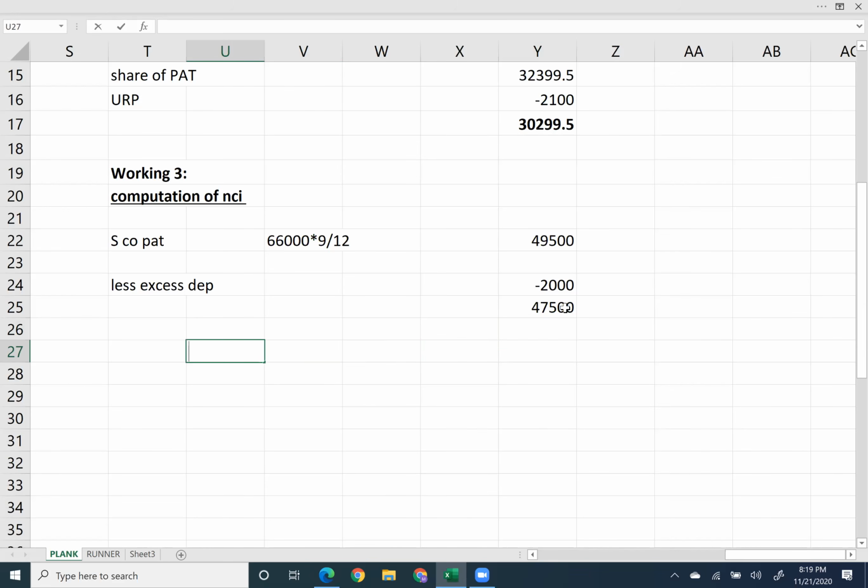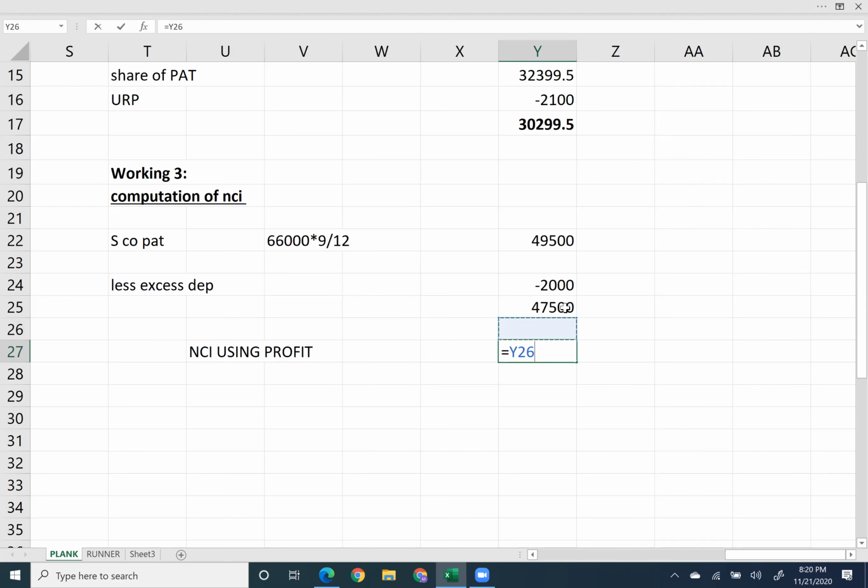First of all, I'm calculating NCI using profit. What is the formula? Simply this 47,500 times NCI holding percentage. In this question, our holding percentage was 85%, so NCI holding is 15%.